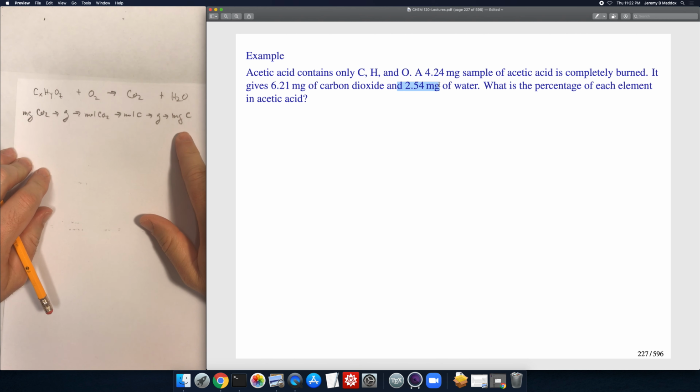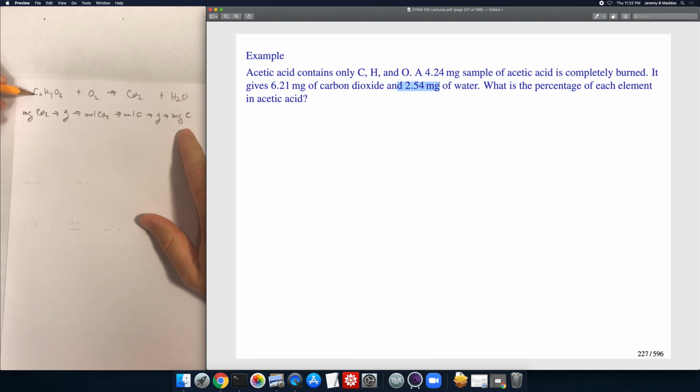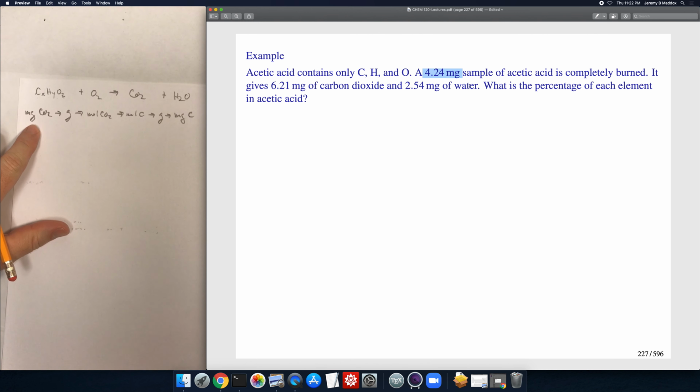Okay. This will give us the milligrams of carbon that are in that compound. You can take the milligrams of carbon, divide it by the mass of the sample, multiply by 100, and that's the percentage of carbon.